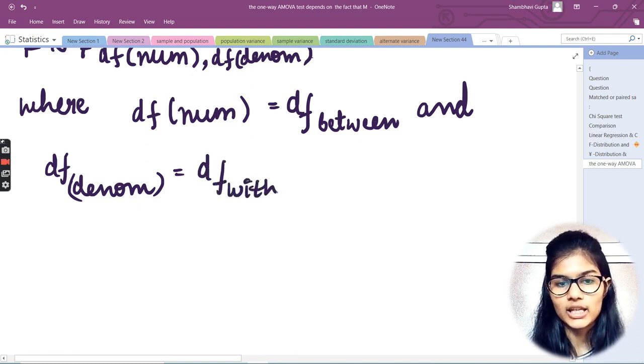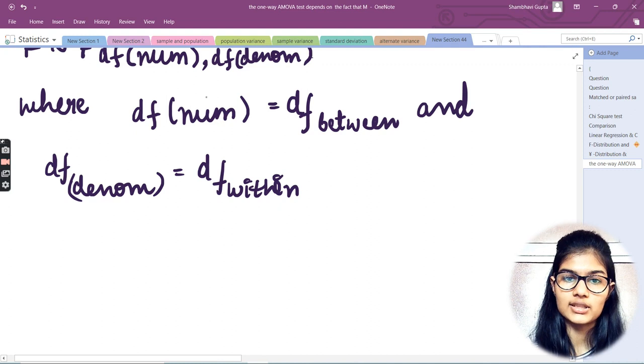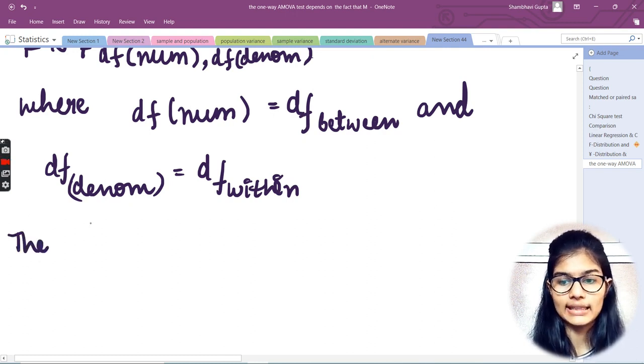Remember we dealt with between and within both, right? So in a similar case, df num is equal to df between, and df denom is equal to df within.